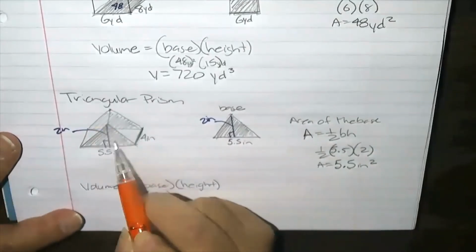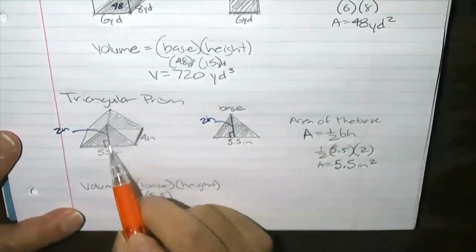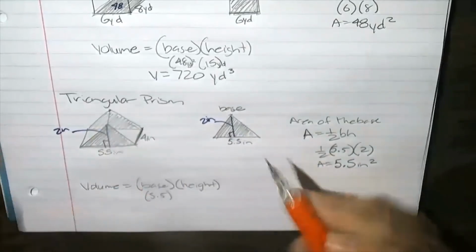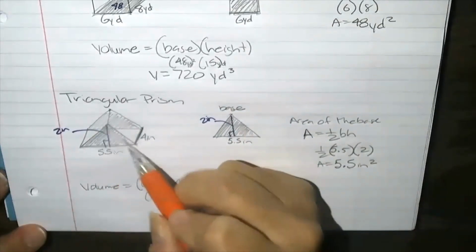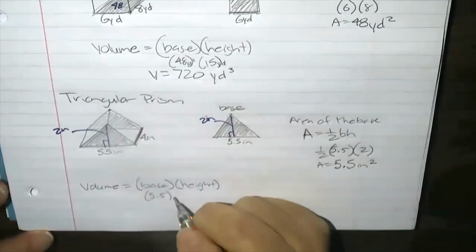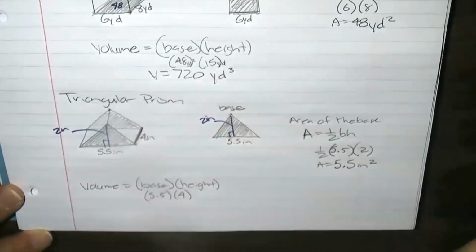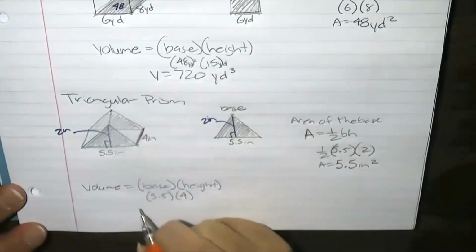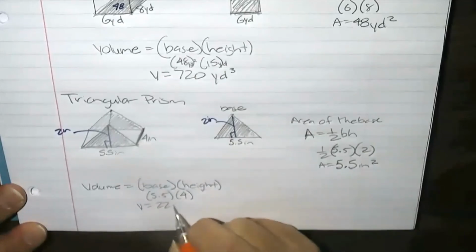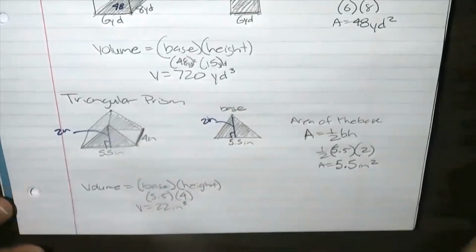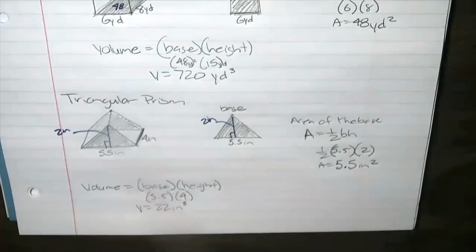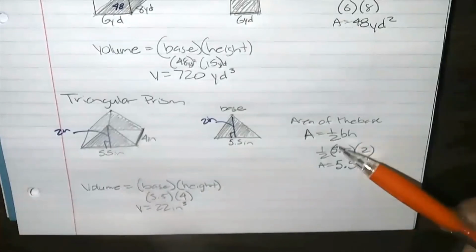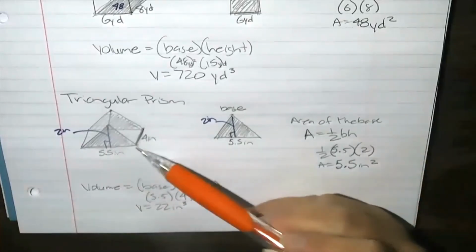So it's telling me my base is 5.5, and I've got 4 of these stacked on top of each other. So the volume is 22 inches cubed. So here, volume is not length times width times height. It's actually 1/2 the base times the height times the height.